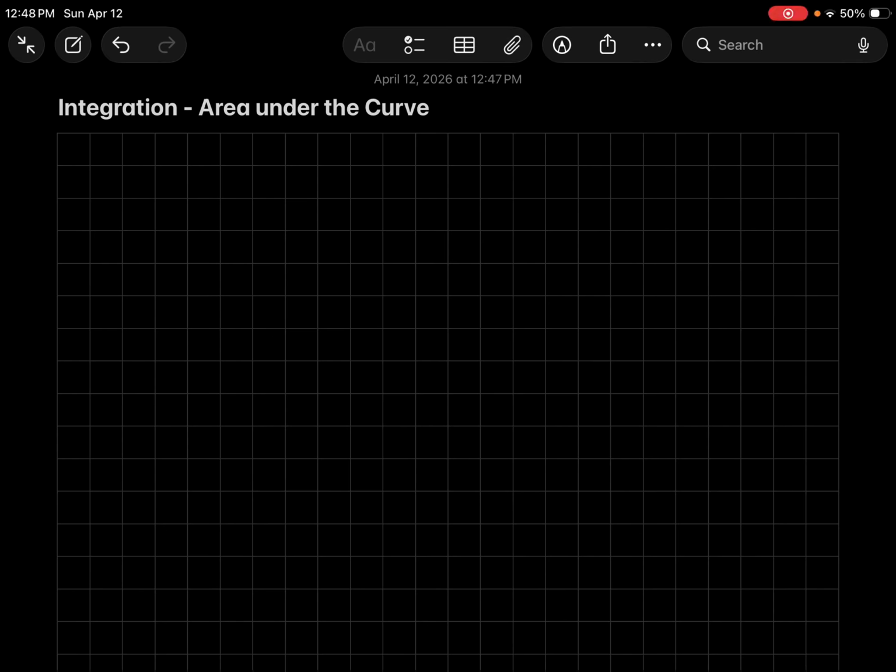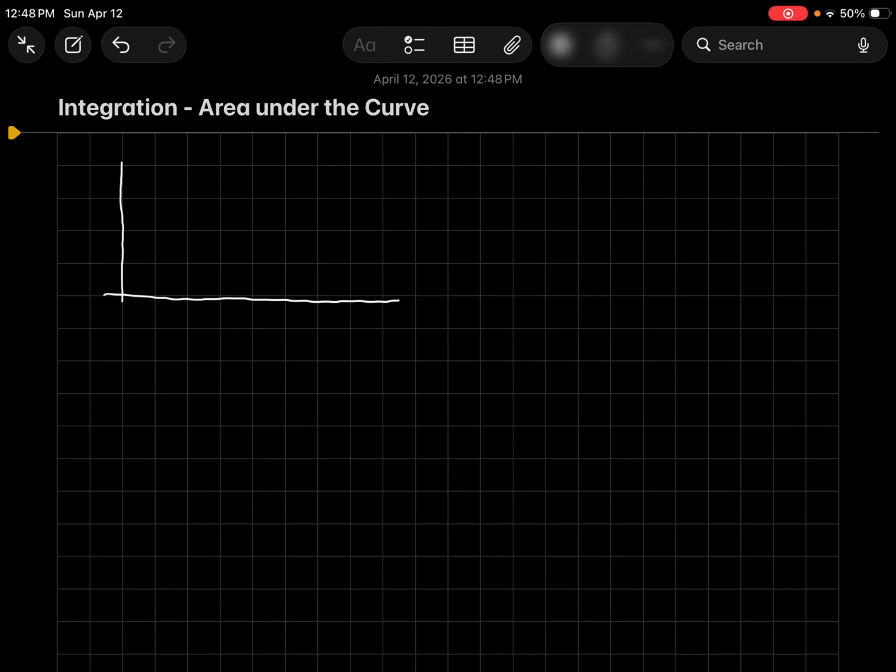Integration, or integrals, as the area under the curve. In a previous video, we talked about Riemann sums, which were rectangles designed to approximate the area under the curve.